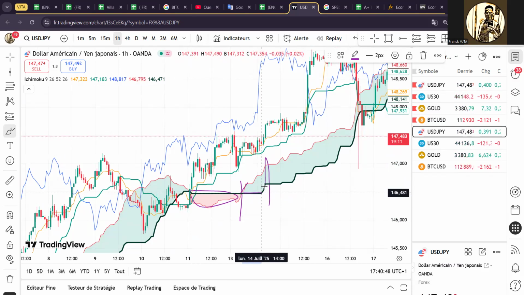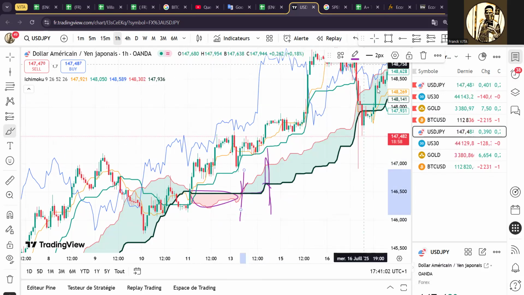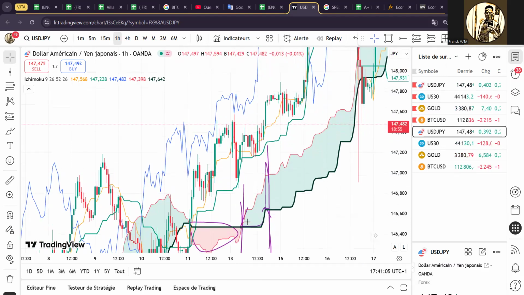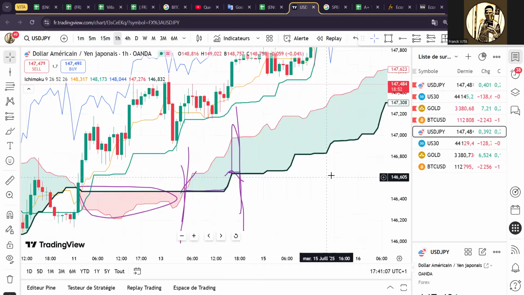Then SSB creates an inclination to the upside. So when you start seeing SSB become a plateau again, the freshness of the cloud has just ended at this level. So let us take a ruler and see where the candle was at the beginning of the freshness, then at the end of the freshness.